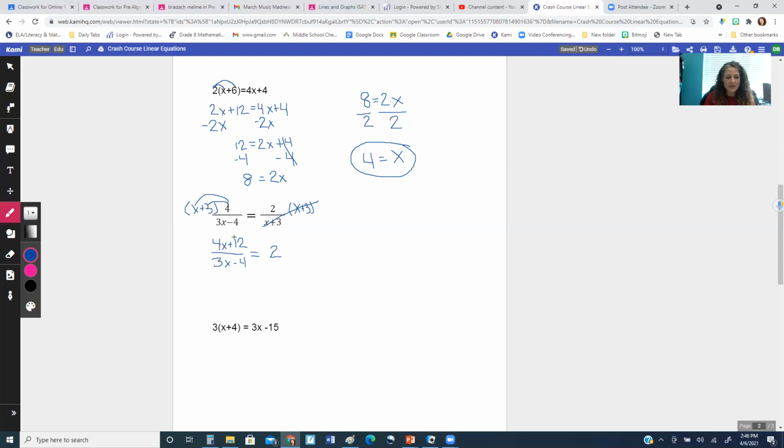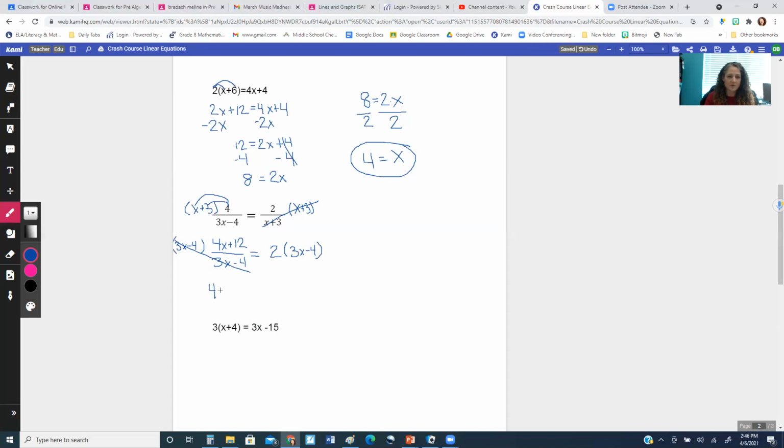But I still have this divided by that. And I really want to not have that fraction. So in order to get rid of the fraction, I multiply by the denominator. I'm going to multiply by 3x minus 4, because the opposite of division is multiplication. So these are going to cancel. But what I do to one side, I have to do to the other. So 3x minus 4. So I'm still going to have the numerator here.